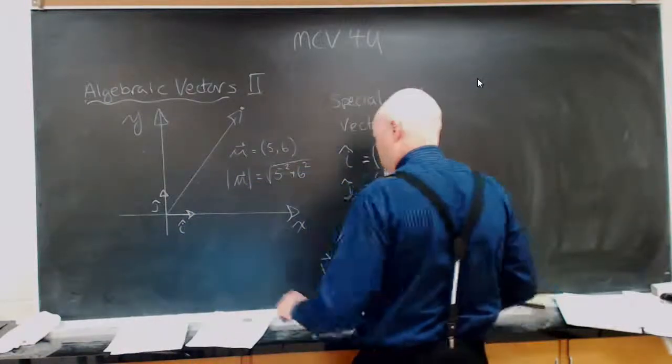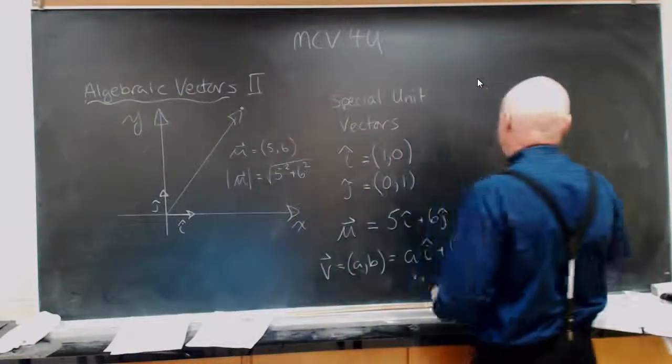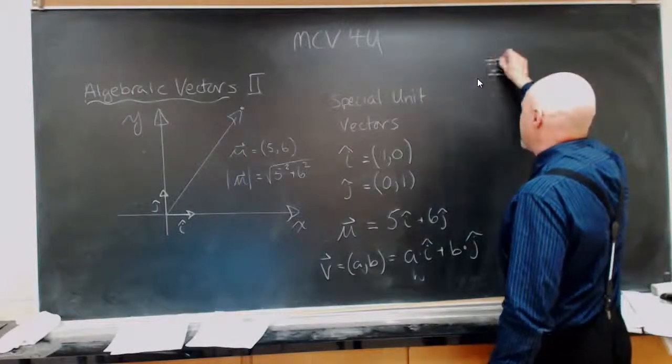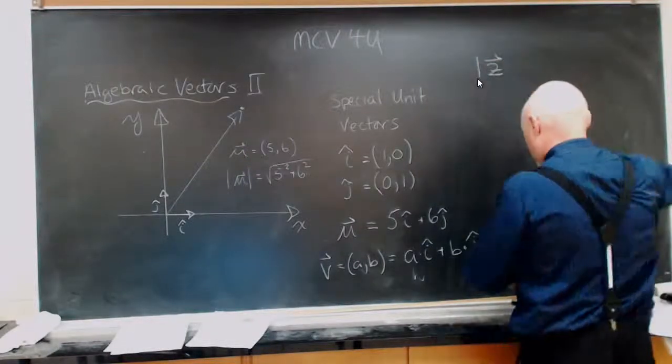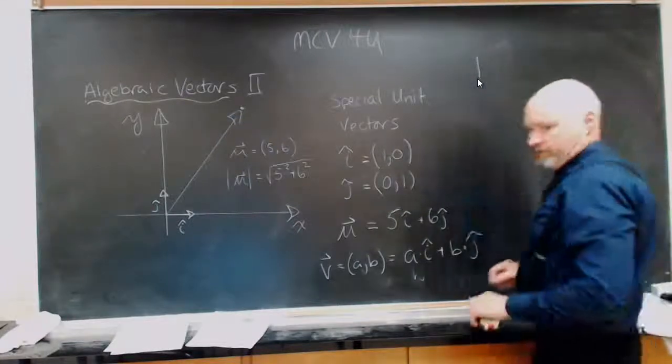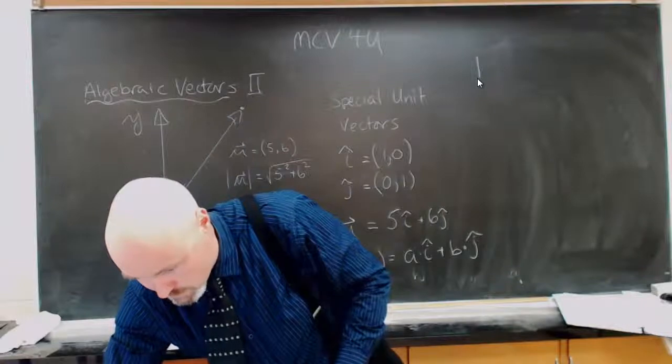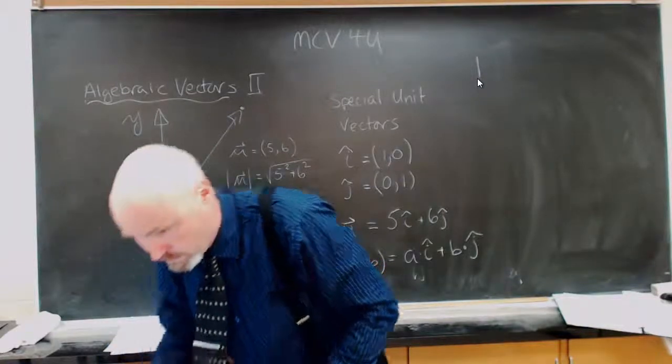Okay, so I want you to think about it for a minute. I want you to try and come up with an expression for the size of, what did I call that vector anyway? Any ideas? I call it u.